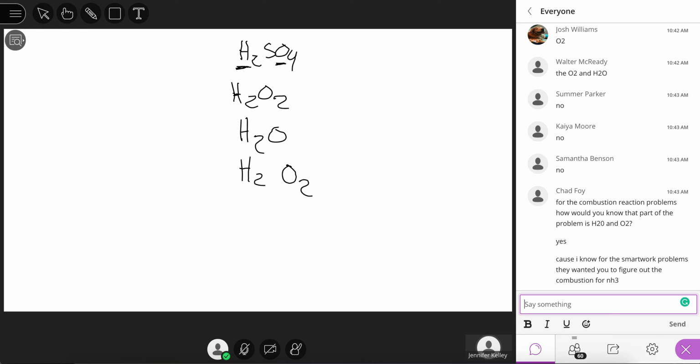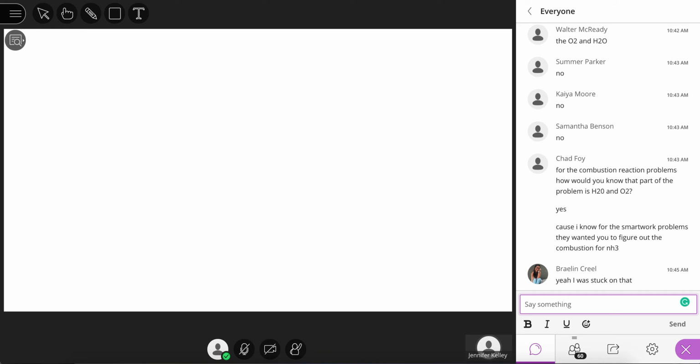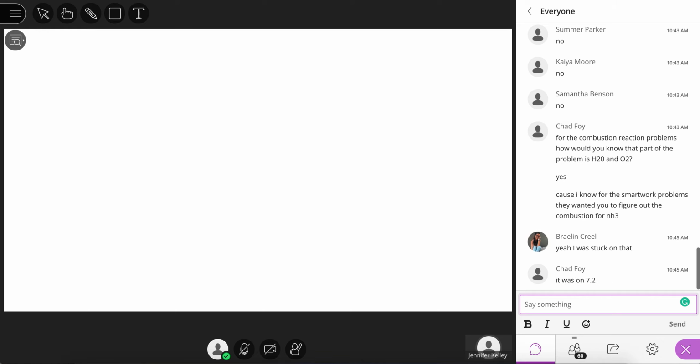The combustion for NH3. I am thinking, did it not give you any more information than just what's the combustion for NH3? Huh. Interesting. All right, I'll have to take a look at that, and I'll send you guys some information on those to kind of guide you through those.